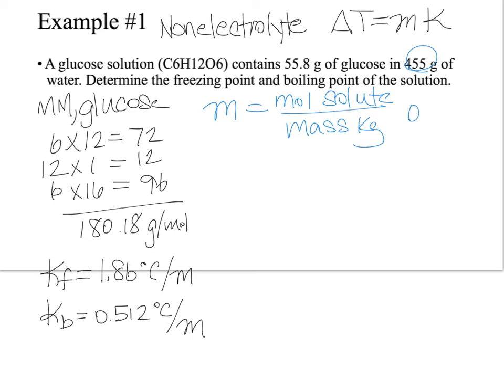So this would be 0.455 kilograms. All right, we need to find molality, and then we can calculate both the freezing point and boiling point difference. All right. First thing, let's find moles of glucose.